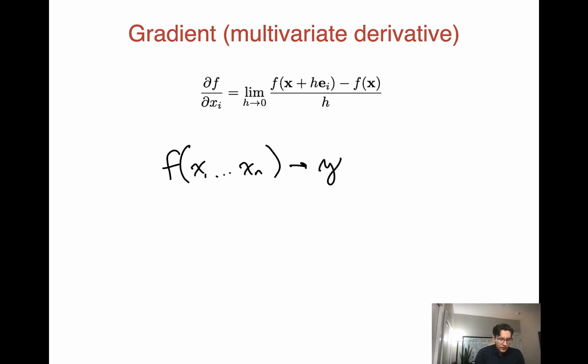So we might write f as being a mapping from R^n to R, because again, it takes as input a vector and outputs a scalar. We could look at cases more generally where it goes from a vector to a vector. That's not going to be too relevant in this course.